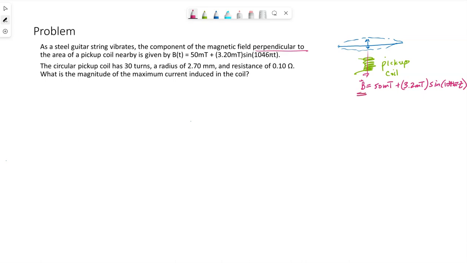Now, this magnetic field is not the field produced by the coil. This is the magnetic field passing through the coil because of the vibrating string.